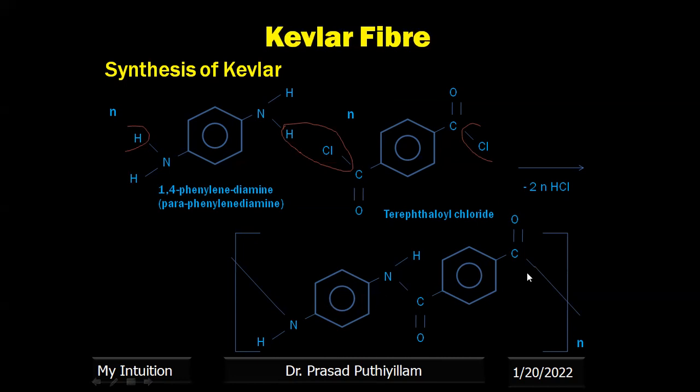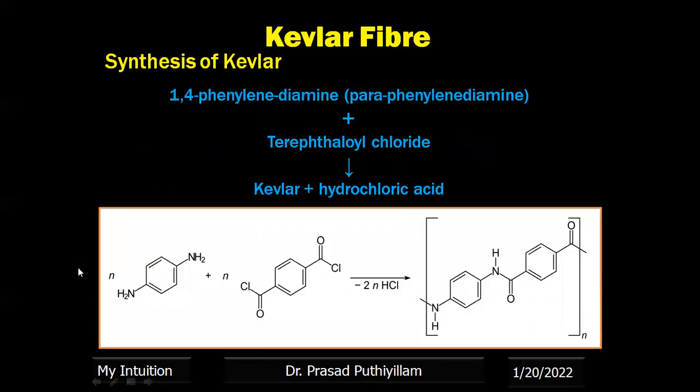Therefore it is an aramid, a polyaramid. It's a polymer, so this much structure repeats n times. This is the synthesis of Kevlar. Kevlar is synthesized using paraphenylene diamine, or 1,4-phenylene diamine, and terephthaloyl chloride. It gives Kevlar, with hydrochloric acid as the byproduct.